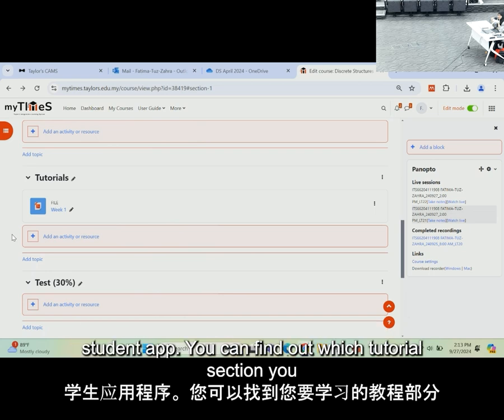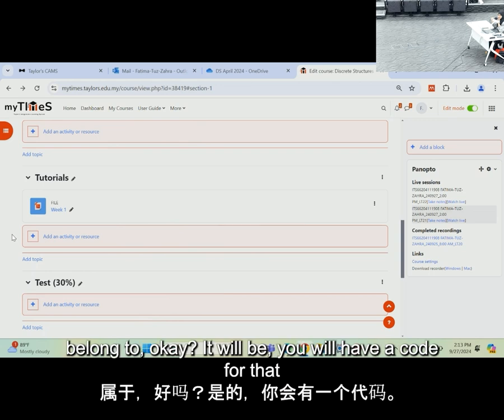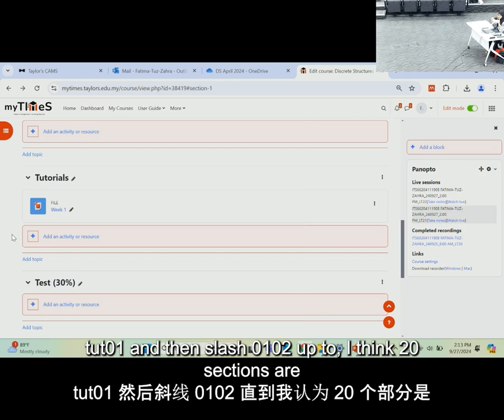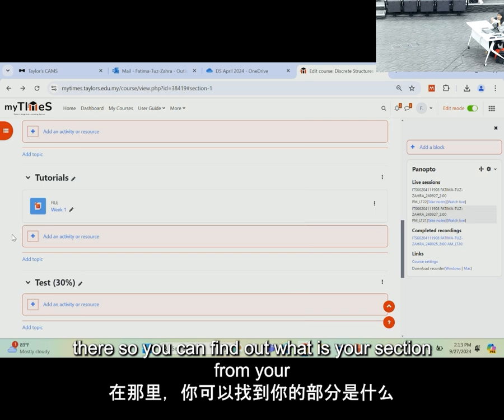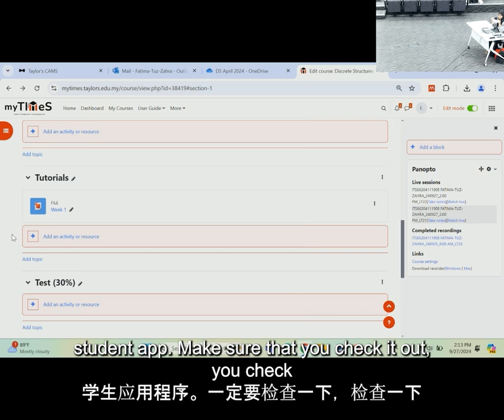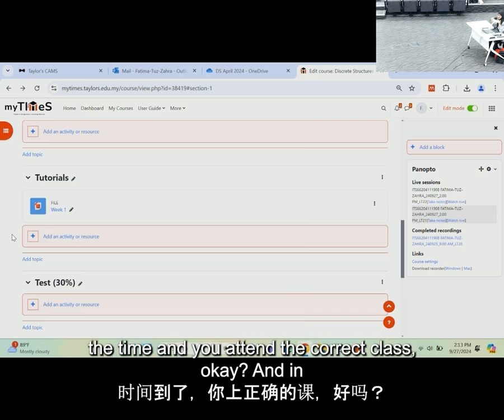So check your student app. You can find out which tutorial section you belong to. You'll have a code for that, TUT01, then 02, up to, I think, 20 sections, so you can find out your section from your student app. Make sure that you check the time and attend the correct class, okay?